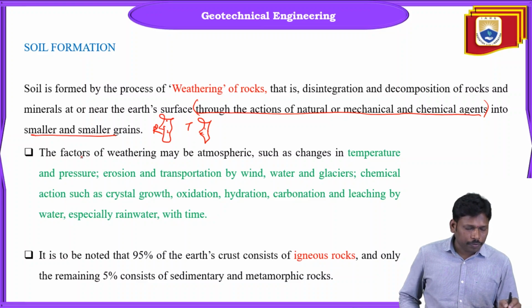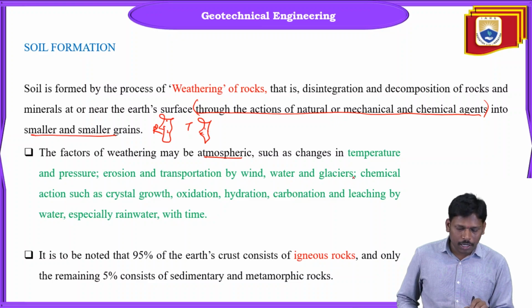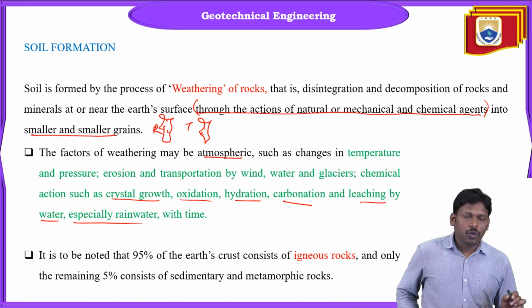The factors of weathering. The factors influencing weathering may be atmospheric. The reasons for causing weathering are temperature and pressure, erosion and transportation by wind, water and glacial, and chemical action such as crystal growth, oxidation, hydration, carbonation, and leaching by water, especially rainwater, with time.